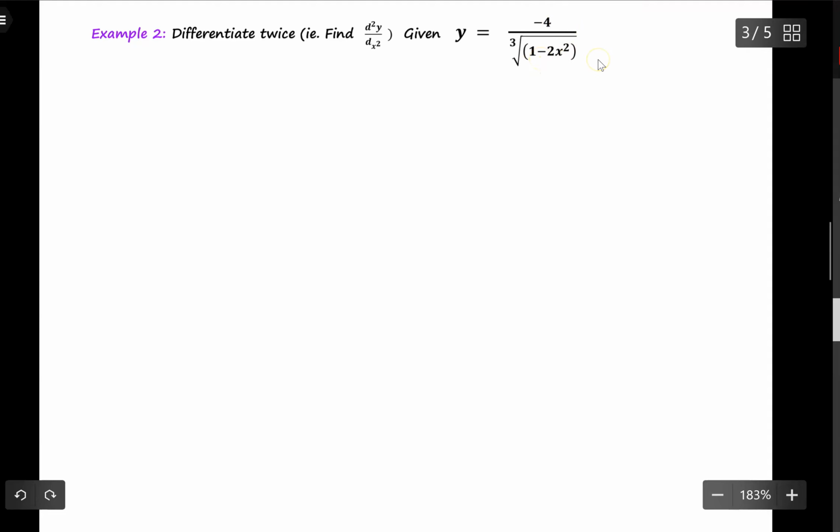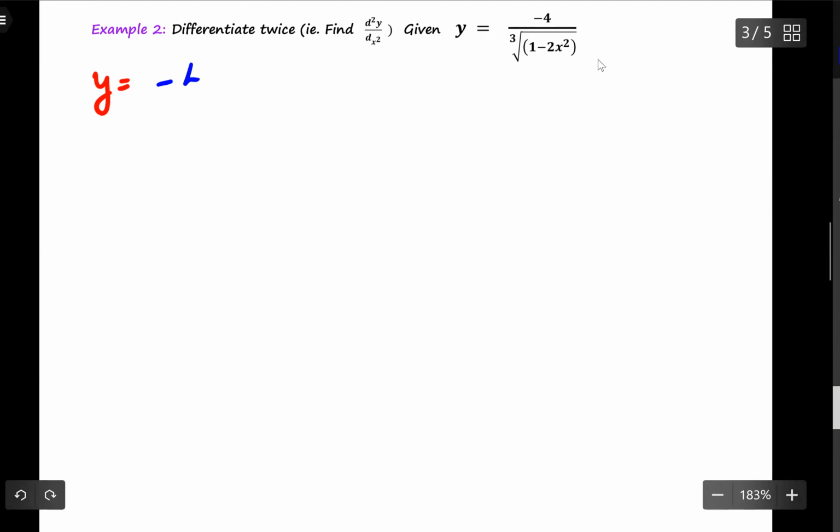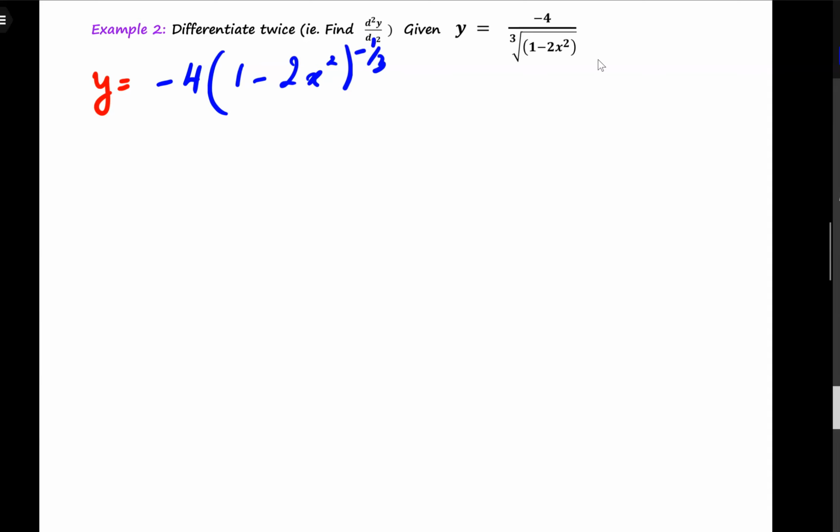Okay, but then again, we have to remind ourselves that we need to convert to the correct exponent, or else we will have everything incorrect because of that wrong exponent. So this, if I raise that, then it will be -1/3. So it will be to the exponent -1/3.